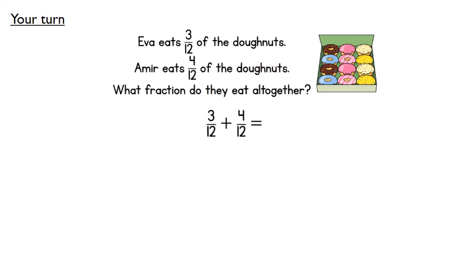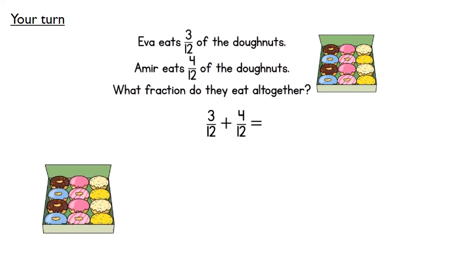Okay, so here we have 12 donuts. We know that 12 out of 12, 12/12, is 1 whole. So that is our box of donuts. Our box of donuts equates to 1 whole.